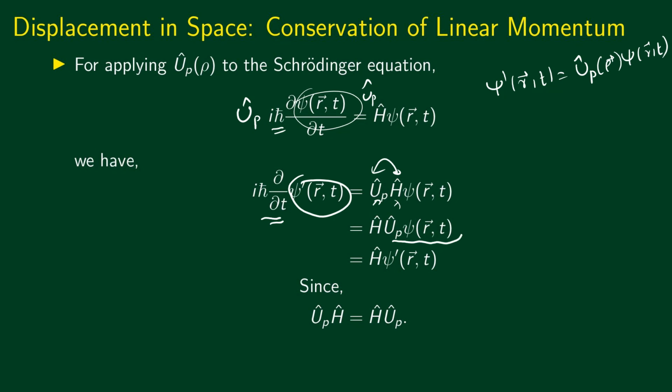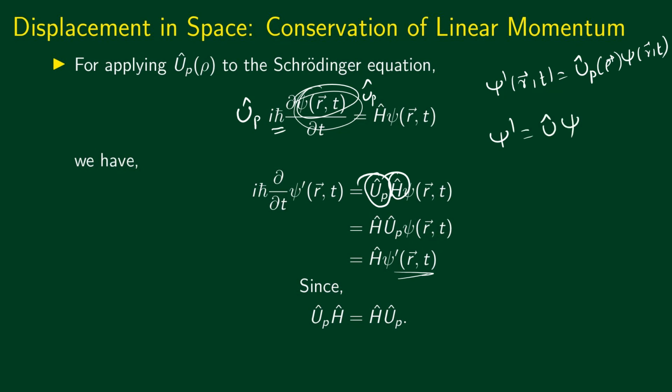And now again we use U hat acting on psi is equal to psi prime. So provided this unitary operator commutes with the Hamiltonian, then psi prime obeys the same Schrödinger equation as psi. Okay, and in other words, this is a symmetry transformation, right? So we see that psi prime equal to U acting on psi is a symmetry transformation provided U commutes with the Hamiltonian. All right.